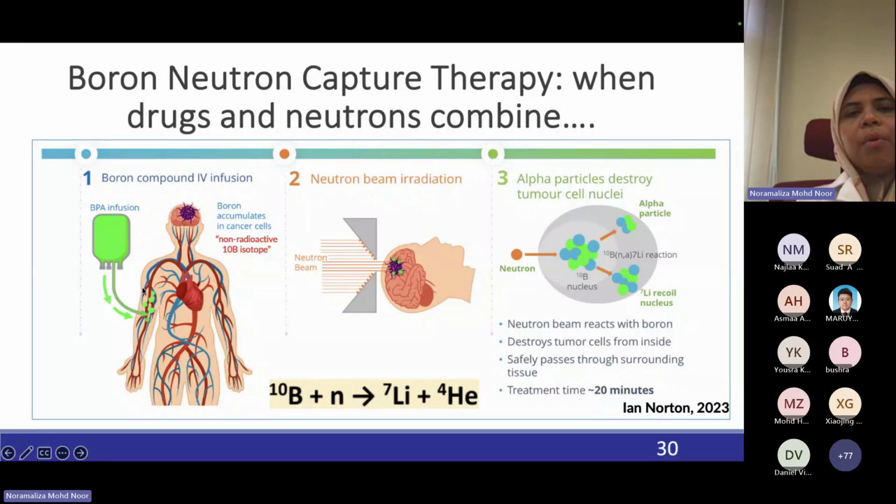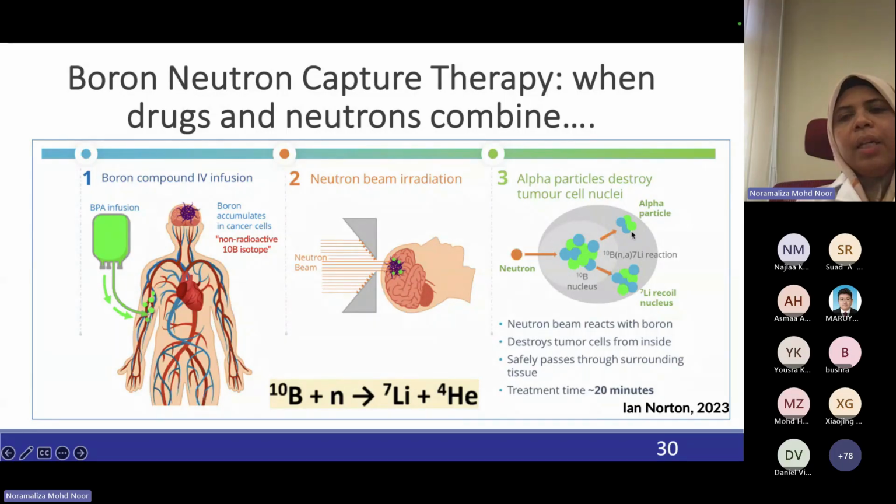After that, the boron will accumulate in the cancer cells. After that, we expose the tumor region to the neutron beam. Of course, the boron will capture the neutron, and then the boron will decay, producing an alpha particle and also a lithium-7 nucleus.